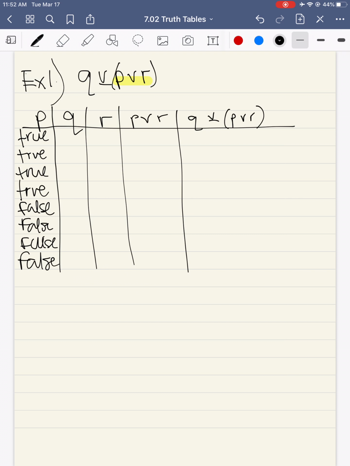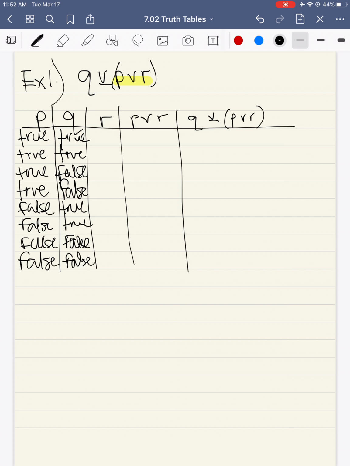Okay, so now Q is going to be a quarter true, a quarter false. So since we have 8 rows, I'm going to start with 2 true and then 2 false, and then just keep alternating. So 2 true and then 2 false. So again, this is just to get all the possible combinations of true and false for each proposition.